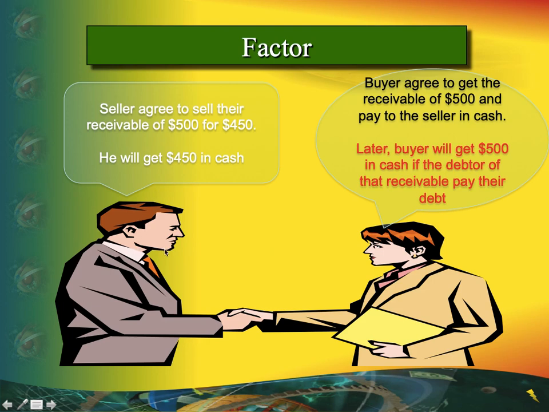So this gentleman will get cash immediately, but he has to lower the amount of the receivable, while this lady, the buyer, will get $500 later, by sacrificing $450 now.